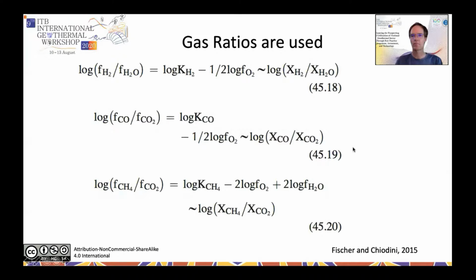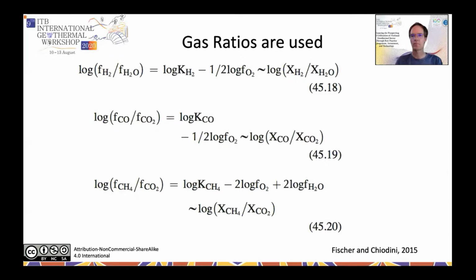Now we can get around this very easily, and this has been recognized by Giggenbach and co-workers, by simply using gas ratios. Through a lot of research and work, people have established some key gas ratios.